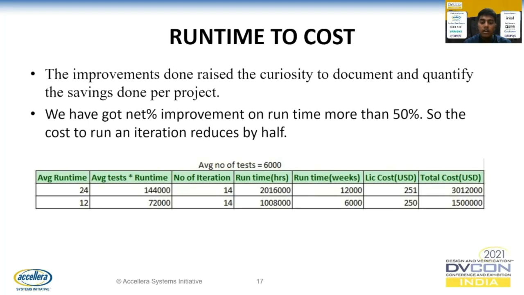Now consider this across the entire Samsung. Typically, there are hundreds of DV projects being executed in parallel, so the amount saved will be humongous. The tool as a package has a huge impact on saving cost across the organization.